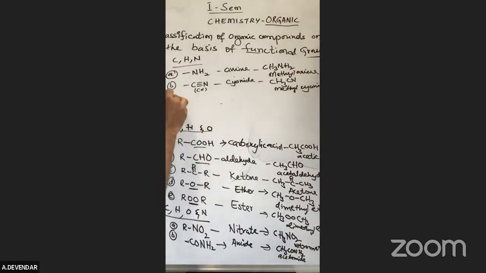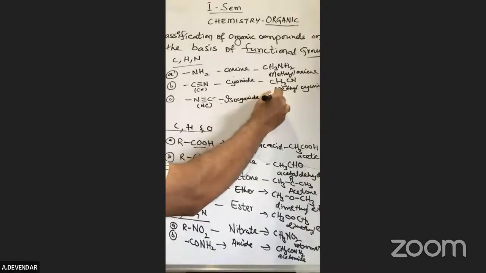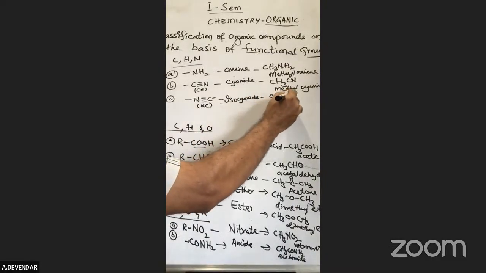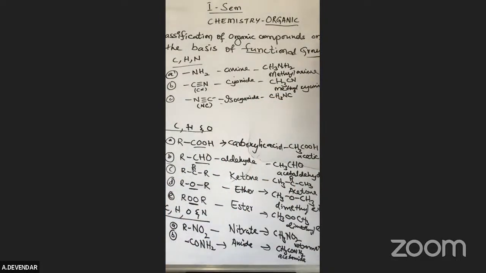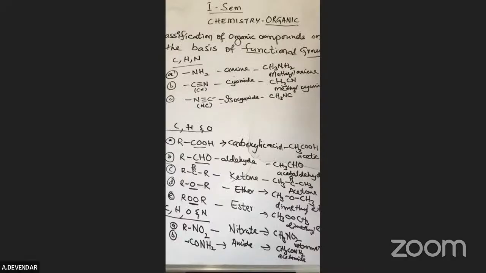One more: NC instead of CN, this is called isocyanide. So I'm taking methyl isocyanide, NC. Have you heard about this name anywhere? Yes, sir. This was a big tragedy in our India.